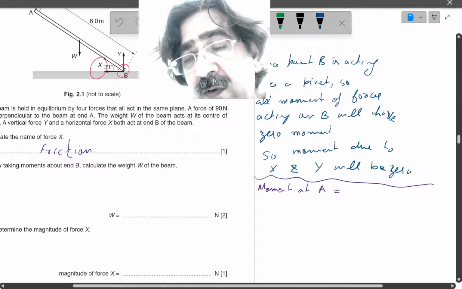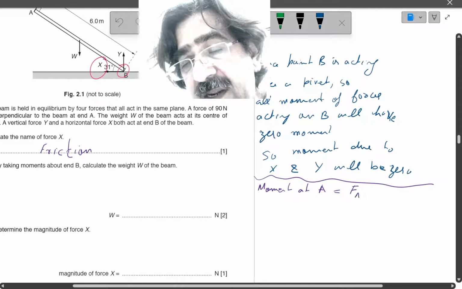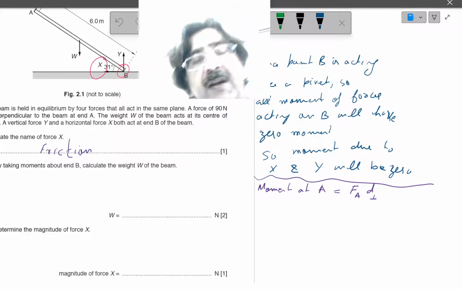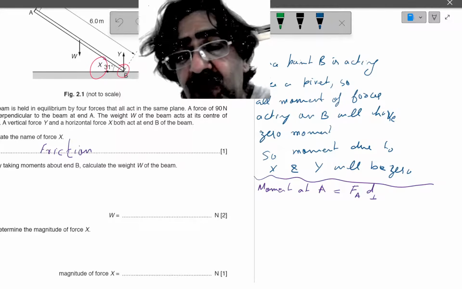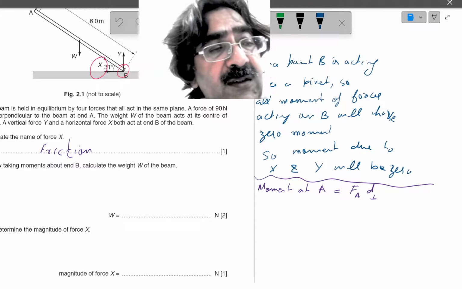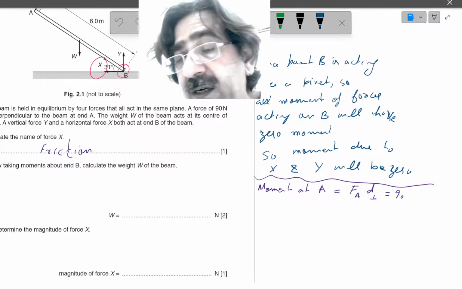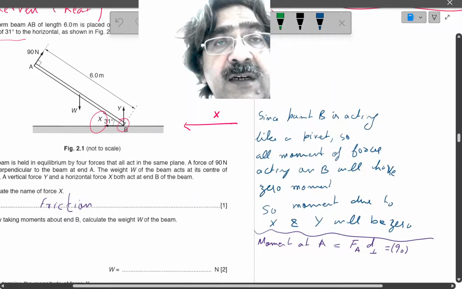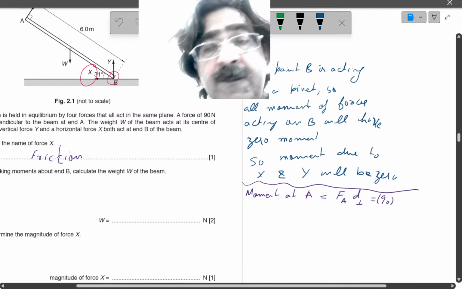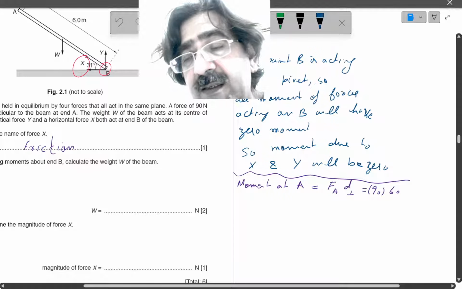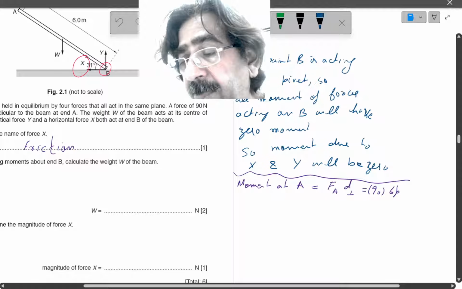That will be equal to the force at A and the perpendicular distance d. Because this force is perpendicular to the rod, that will be equal to 90 multiplied by 6, since the length of the rod is given as 6.